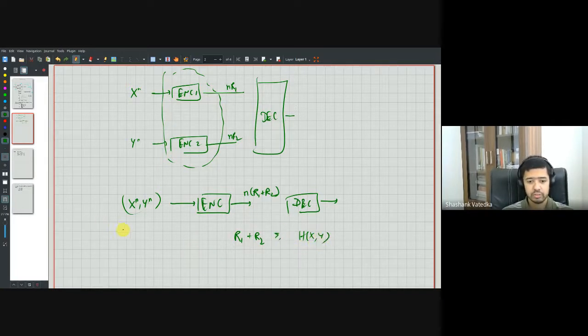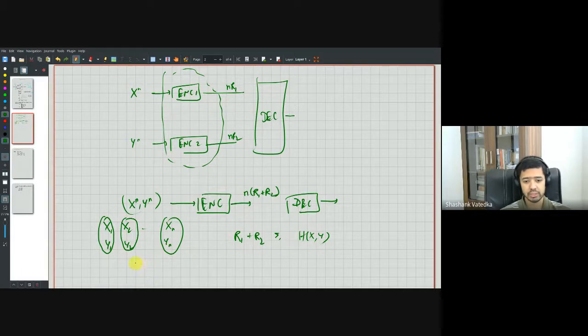You have x1, x2 up to xn, y1, y2 up to yn. You can consider x1, y1 as one symbol, x2, y2 as another symbol, and so on up to xn, yn as a single symbol. If you call Zi the pair xi, yi, you know that H of Z is achievable, which implies that H of x comma y is achievable.